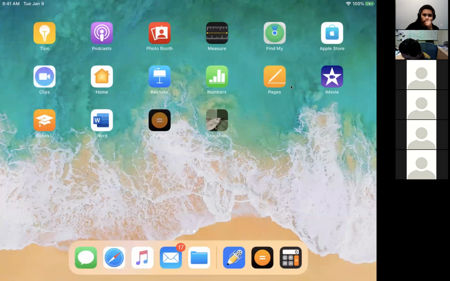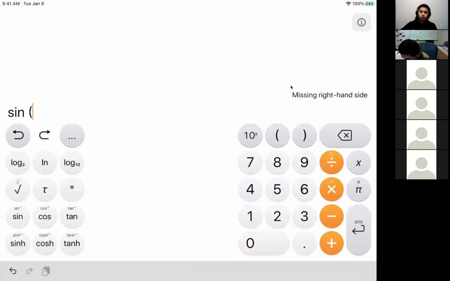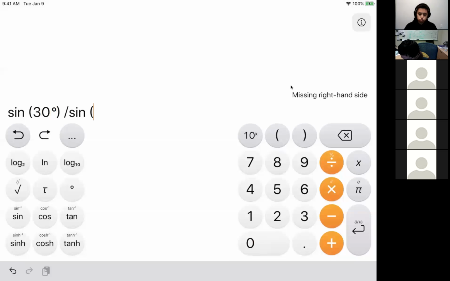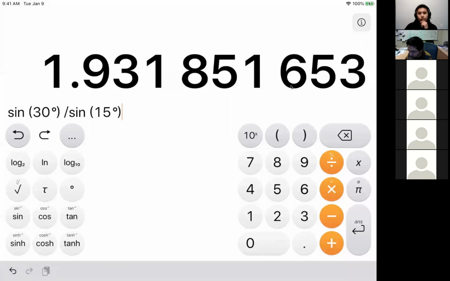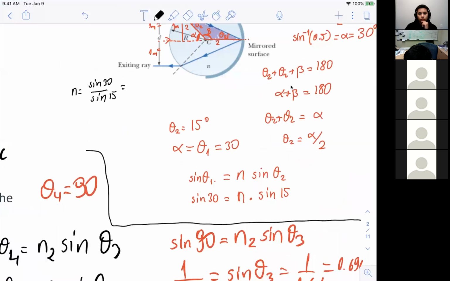I like this calculator better. Sine 30 degrees divided by sine 15 degrees. Okay, it's going to be 1.93.